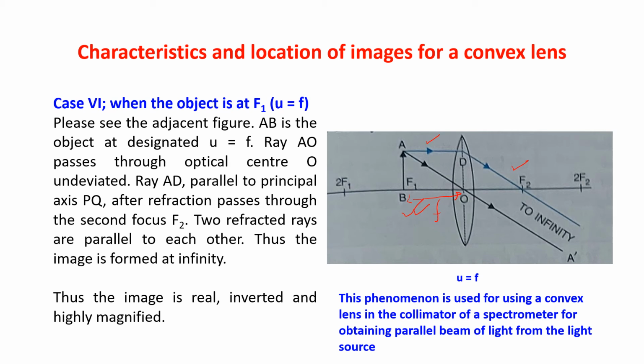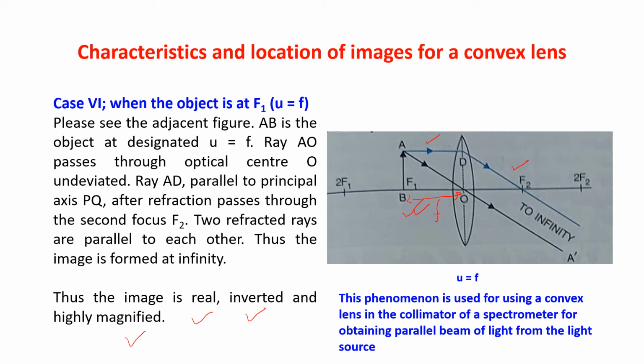It is a magnified image, but the image is inverted and real. So what are we getting? We are getting a real, inverted, and highly magnified image. So you have to know that when the object is placed at f1 in a convex lens, the image will be formed at infinity, which will be highly magnified but real and inverted.